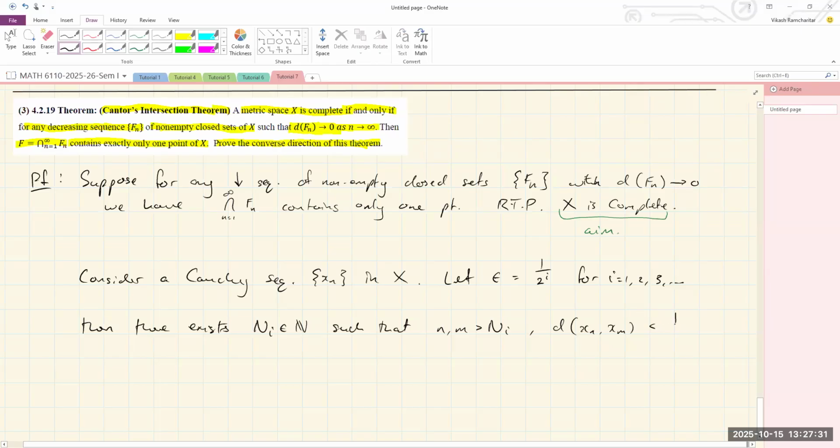We can say less than or equal to, it doesn't matter.